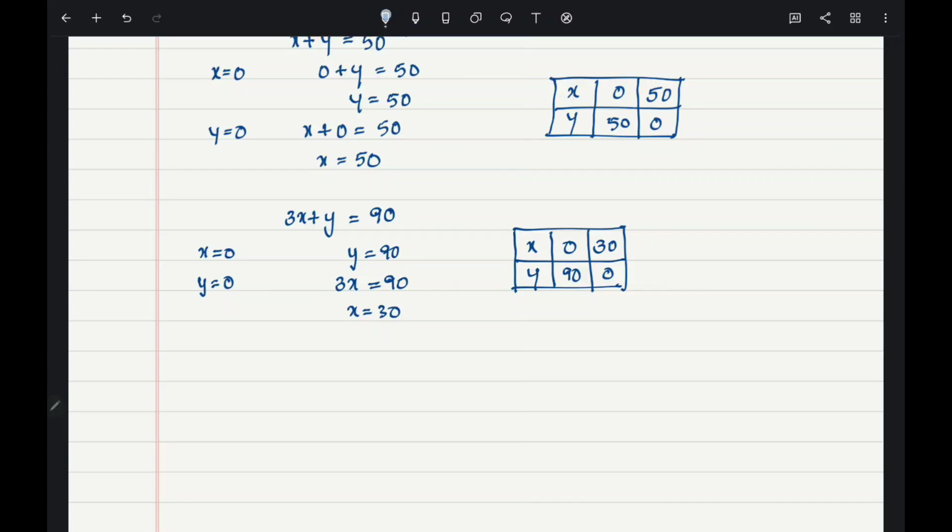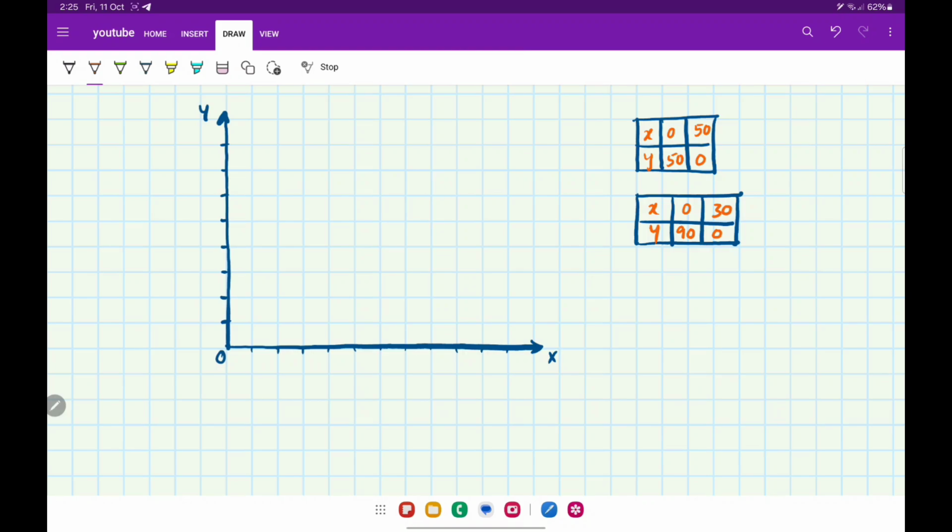Now we have to plot a separate graph for both the lines x plus y is equal to 50 and 3x plus y is equal to 90. So let's understand it in a graph. Let's plot the graph of both the constraints for the following tables. This is the table for the first constraint and this is the table for the second constraint.